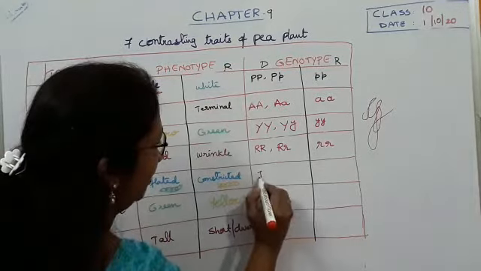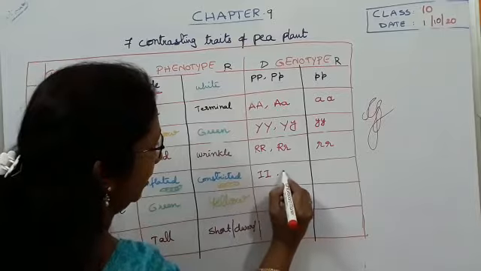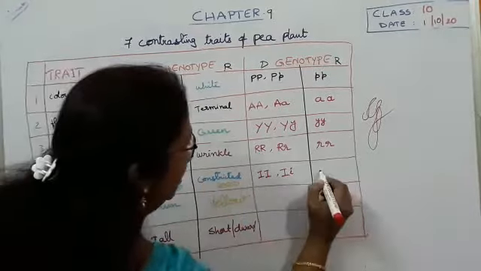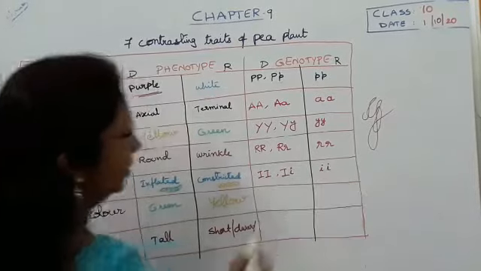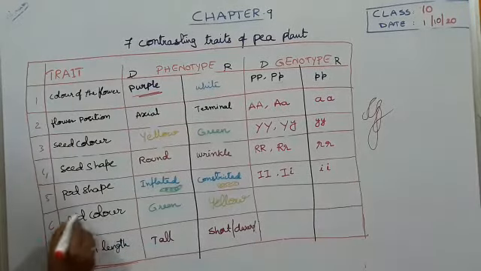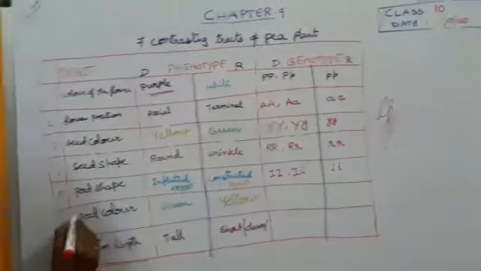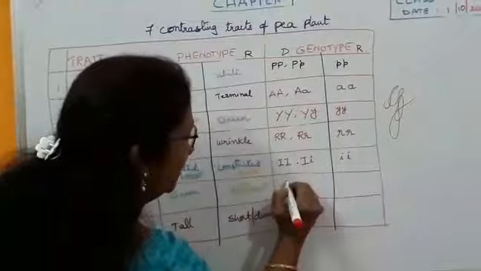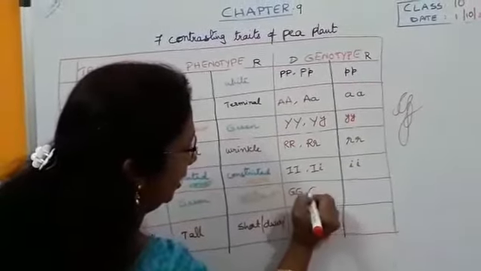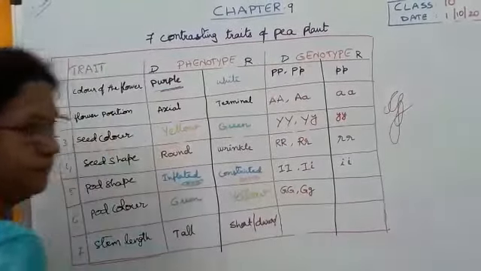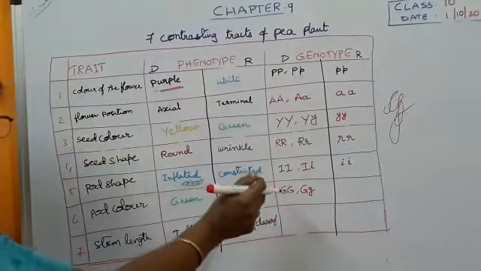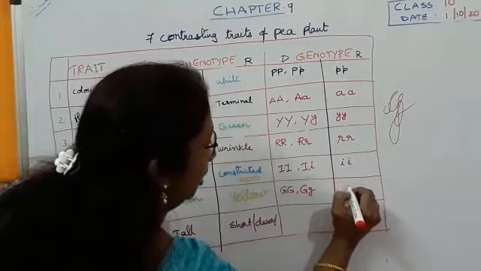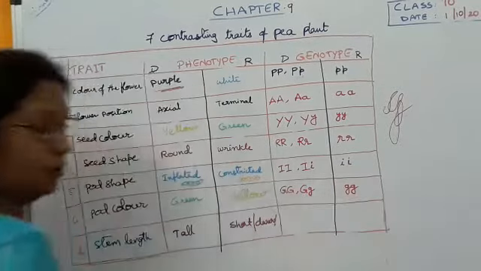For inflated we take capital I, capital I, or capital I, small i, and constricted we write small i, small i. Next, the color of the pod, green and yellow. Green is the dominant, so capital G, capital G, or capital G, small g. These are two possibilities I am mentioning; it will not show like that. Next, yellow will be small g, small g.